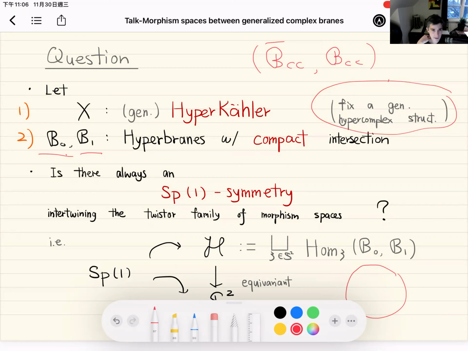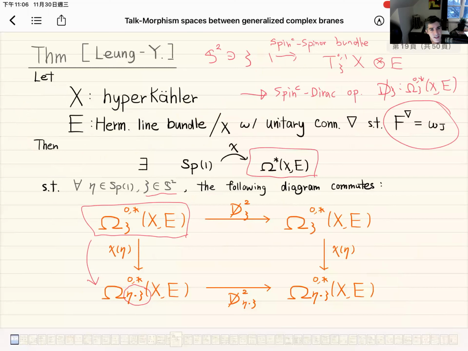And that's okay. And could you go to the next slide? Sure. And so here you're showing that the bundle of cohomologies somehow is SP1 equivariant.